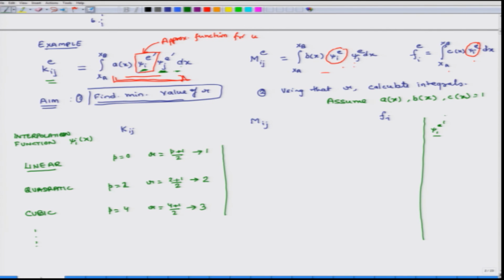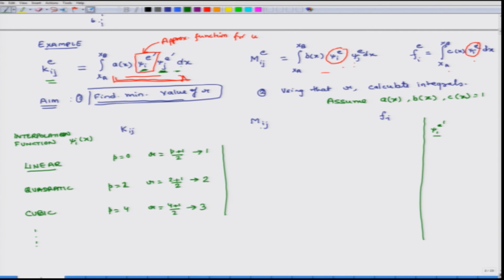Now, if Ax was a linear function, then in the first case P will be 0 plus 1. So, then R will be 1 plus 1 divided by 2, it will still remain 1, right. So, accordingly we have to recalculate R, it may or may not change.